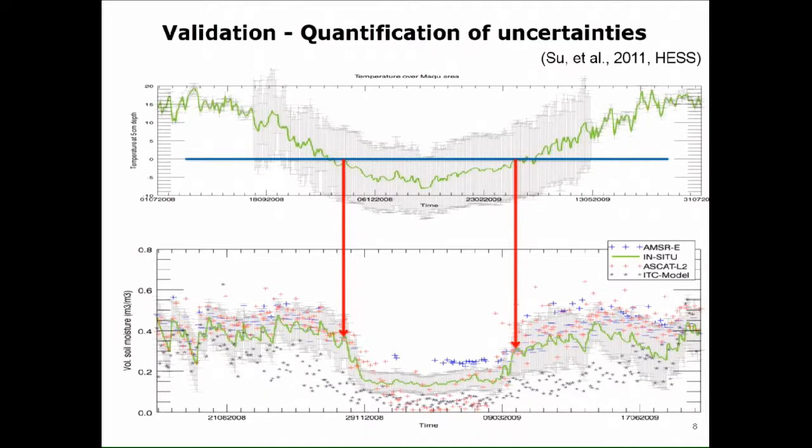It can be quite critical if you're looking at the permafrost type of things. So that's one of those applications. This is also used actually to look at the uncertainties in the different data sets.